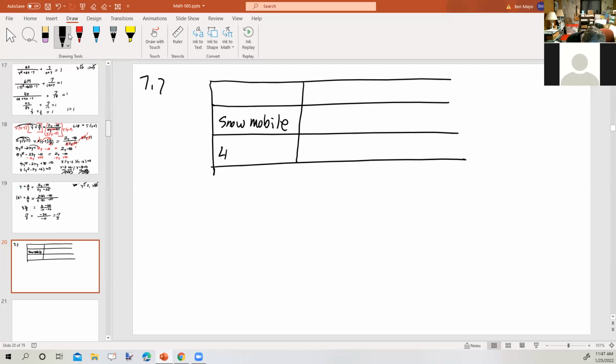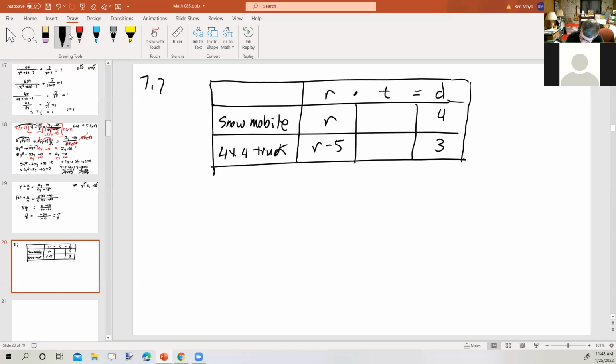And this is a 4x4 truck. And we have rate times time equals distance. And there's an R here, and an R minus 5 here, and a 4 here, and a 3 there. Okay, it says complete the table.